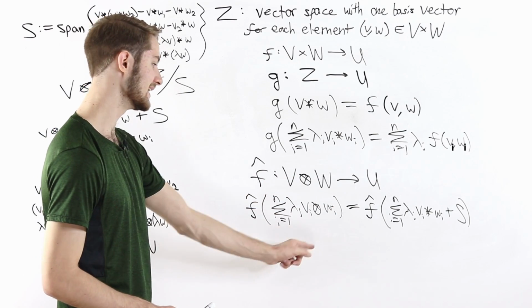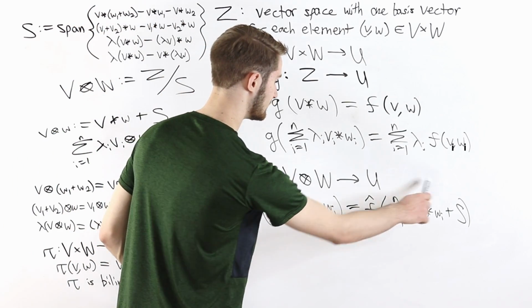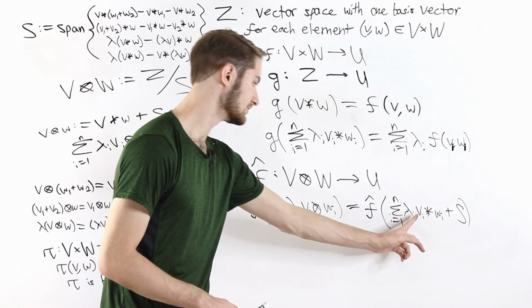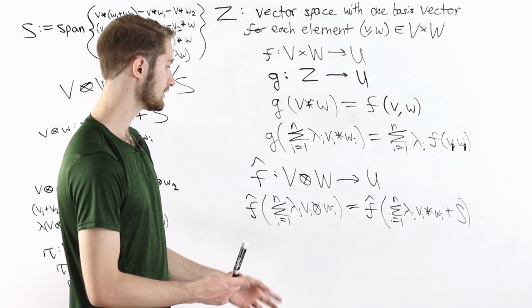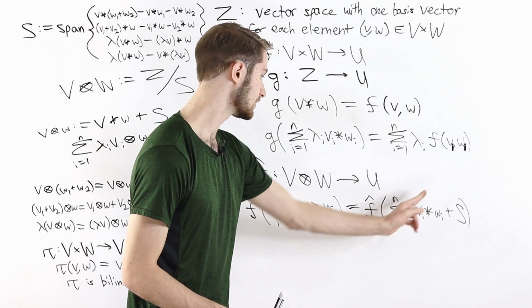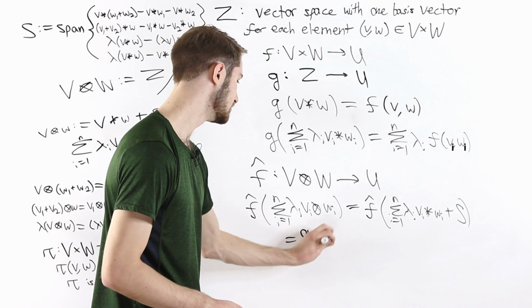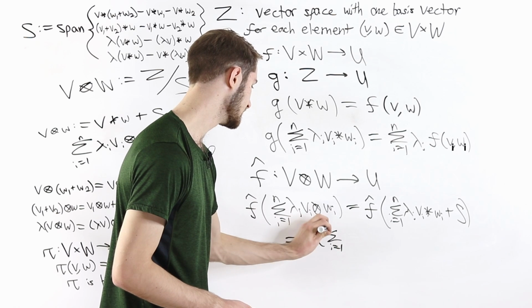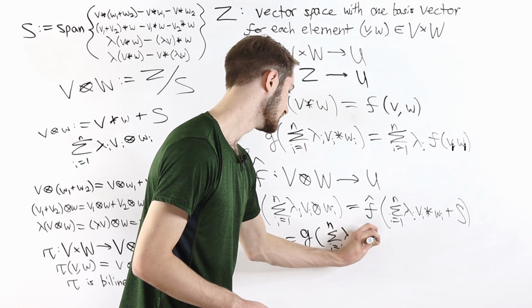When we add them together, the coset that we get in Z is this sum of the basis vectors vi star wi plus S. And now that this is written as just some coset of Z, we can immediately say that this is equal to g of the sum from i equals 1 to n of lambda i times vi star wi.